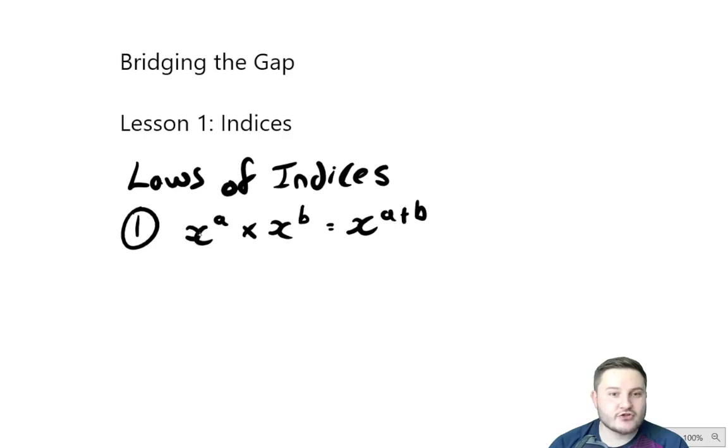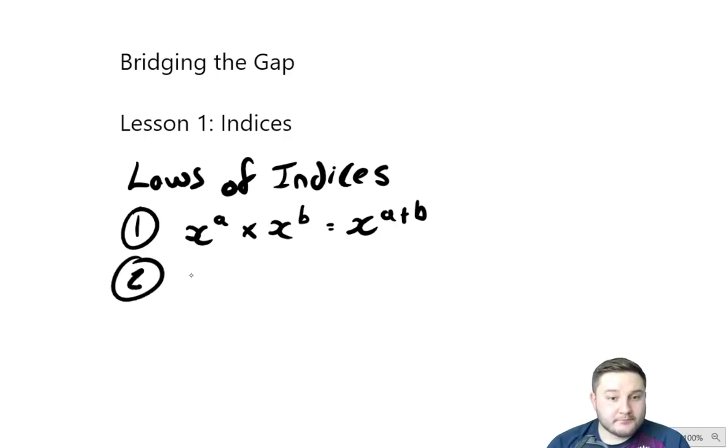The base number is just the number that we're raising a power to. So in this case x is the base number, but it could be a number, it could actually be 2 or 3, and then obviously the little number is the power. So in this case, x to the power of a times x to the power of b, we would add the powers. So when you multiply, as long as they're the same base number, you add the powers.